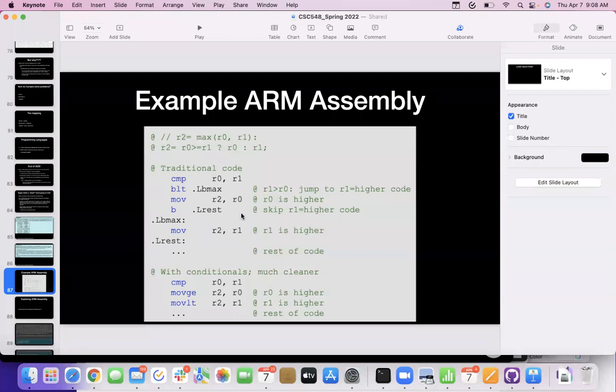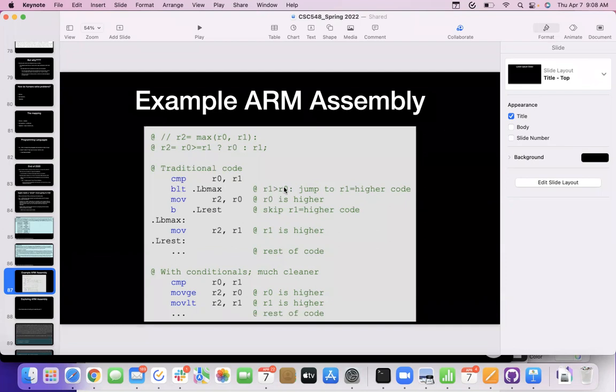This is using ARM to solve the problem without taking advantage of some of the ARM efficiencies. So this first thing is effectively an if statement. We're going to compare R0 and R1 to each other. We're going to branch if less than.